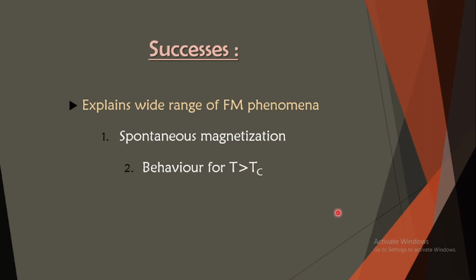That is, above the transition temperature the state is disordered, that is, randomness is observed in the arrangement of spins, which is nothing but the non-ferromagnetic or paramagnetic state, and above the transition temperature the Curie-Weiss law is satisfied. It is experimentally also proved. So these are the merits of Weiss molecular field theory.